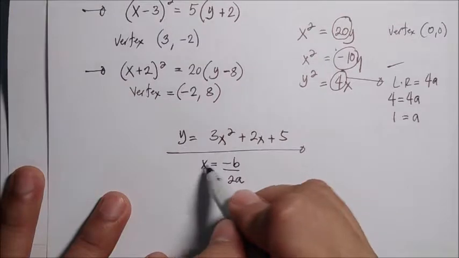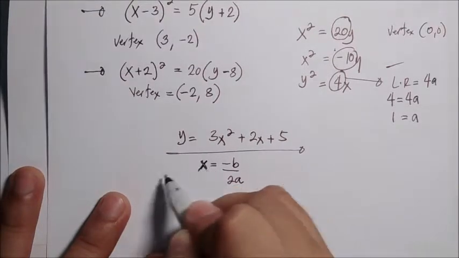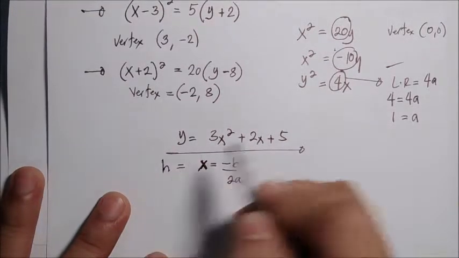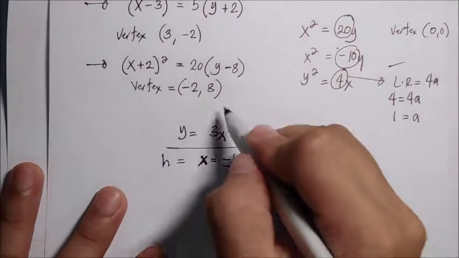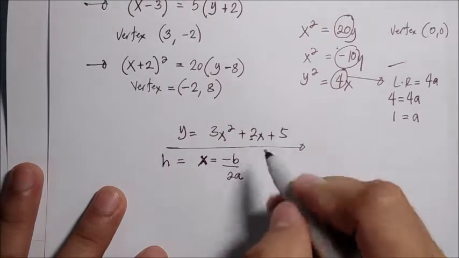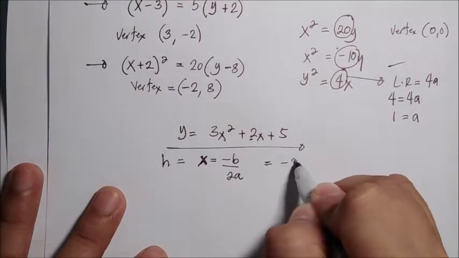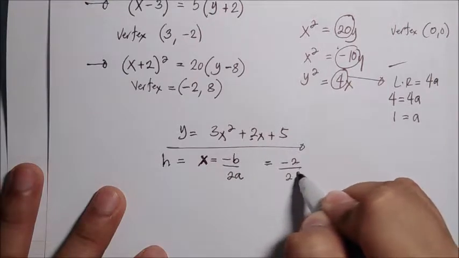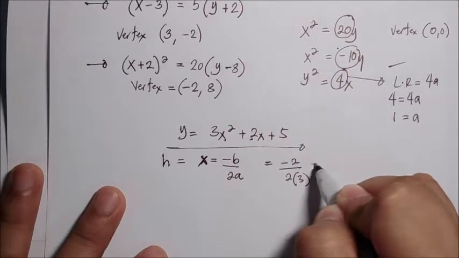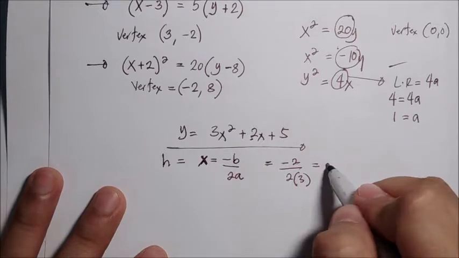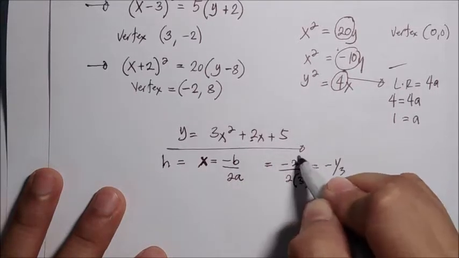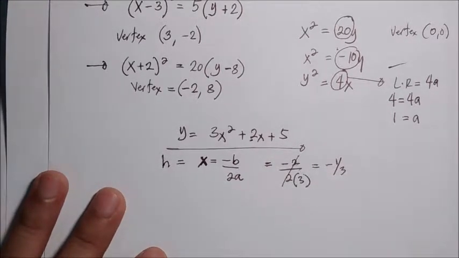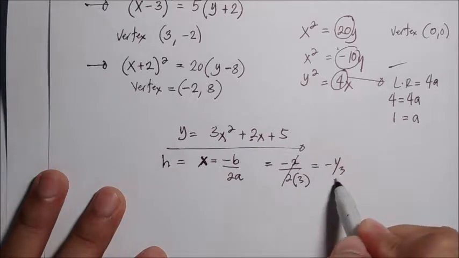This is the one that is the value of h. Negative b, this is the b in terms of x. So negative 2 over 2 times 3. So that is negative 1/3. Okay, so the h is this one.